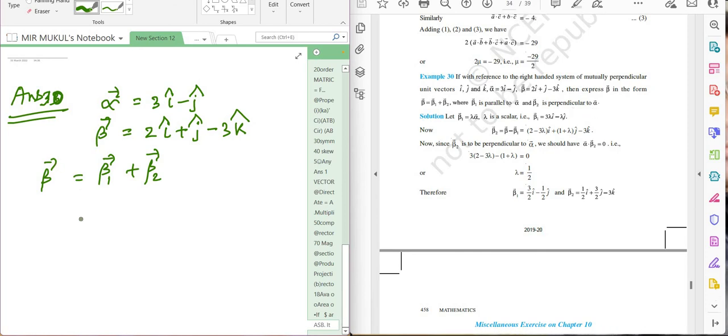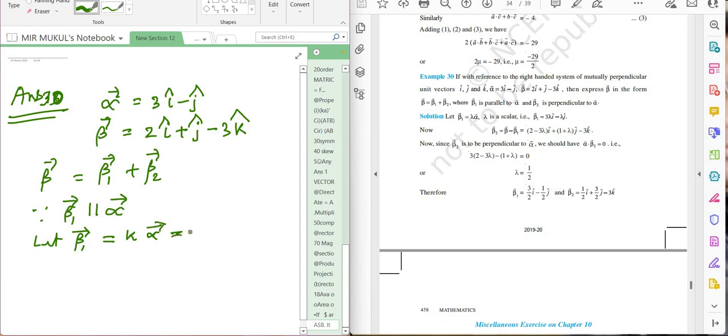So since beta 1 is parallel to alpha, let beta 1 we can consider as k into alpha. It means k into 3i minus j.